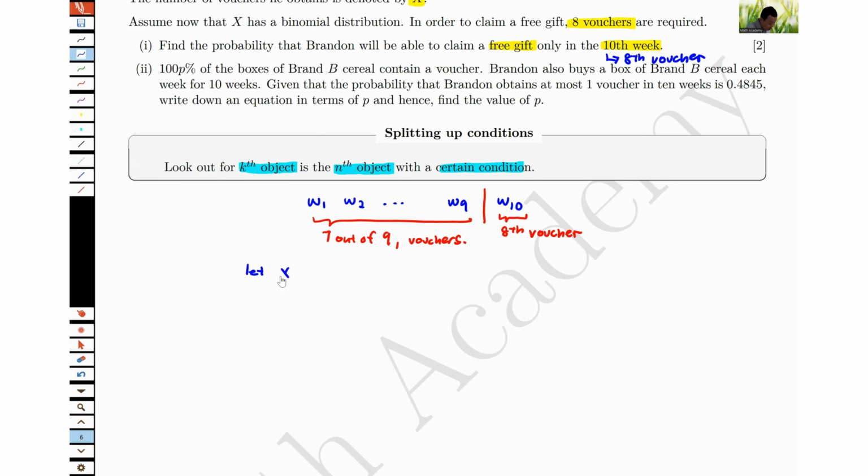So I will say let x be the random variable, number of weeks out of 9 with vouchers. So my x follows binomial, there are 9 weeks.